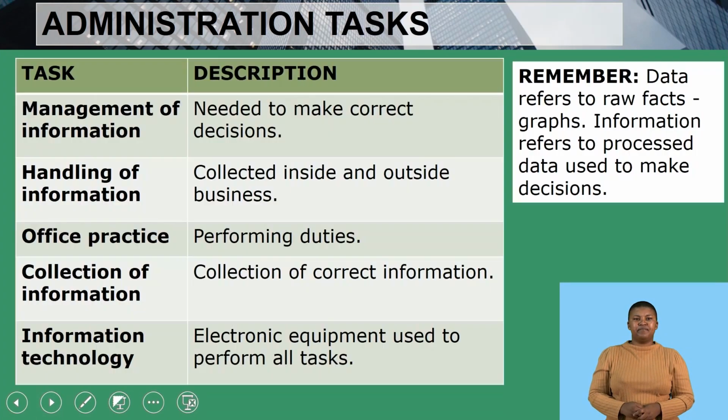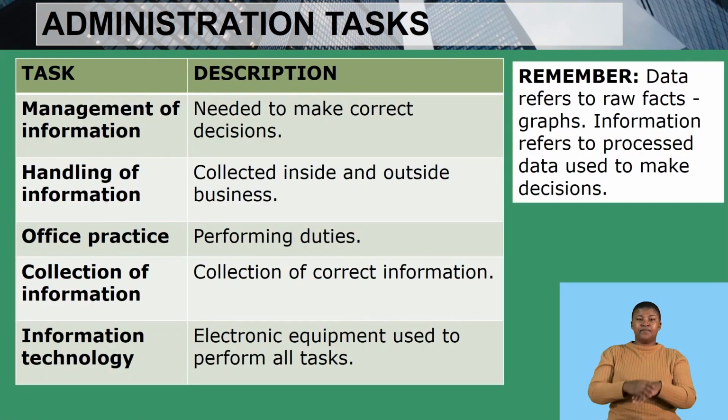So when we take a closer look at administration, we see that there are some basic tasks they need to perform. Now, the first task we refer to as management of information. So firstly, they need to make sure that the information is always available and accurate, because the general management needs this information to make a decision, and they need to make the correct decision.